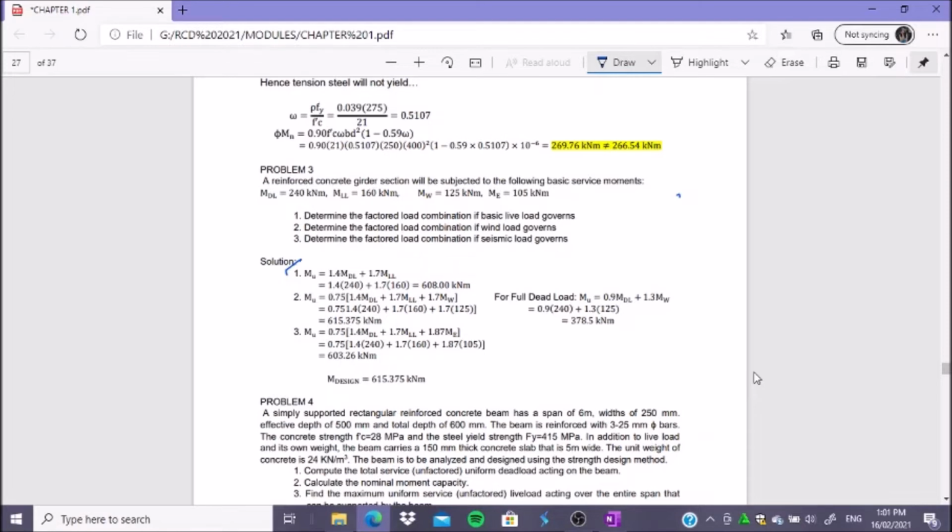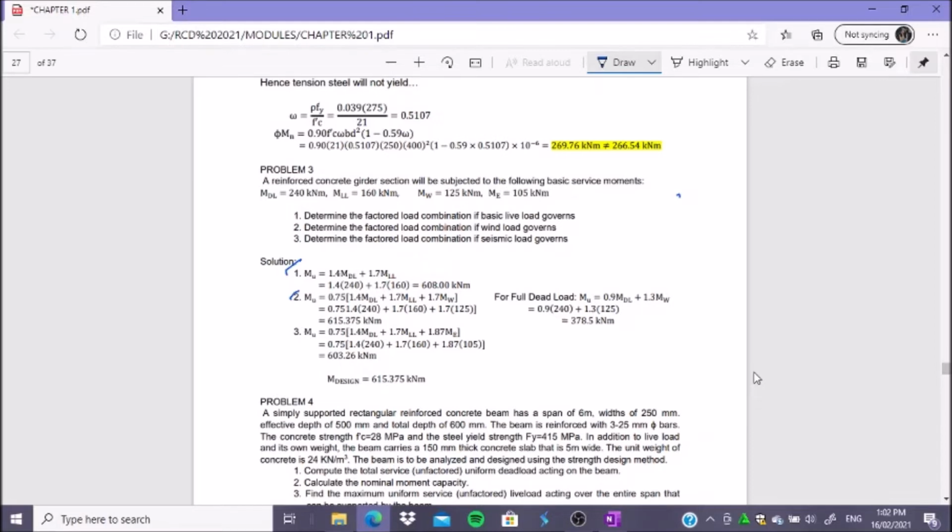Then for number 2, MU will be 75% of the combination of dead load, live load, and wind load. So, yung live load should have 1.7, and the wind load is 1.7. Then 1.4 for dead load, so this is 2001.